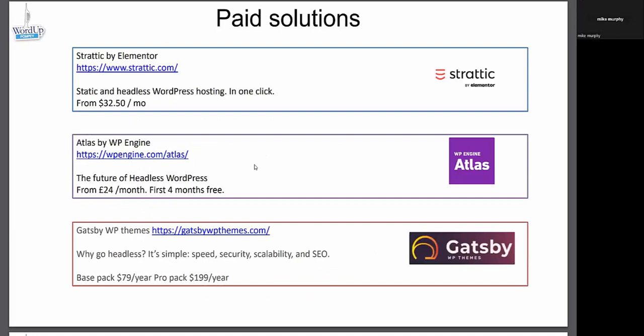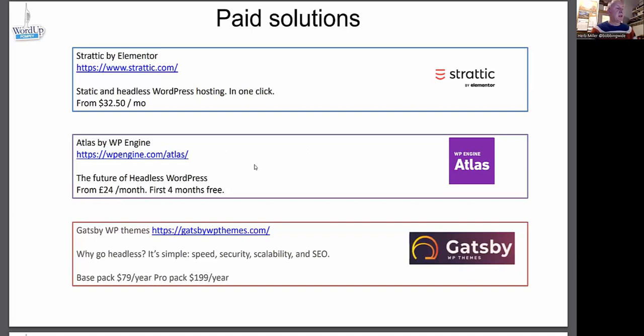So the paid solutions that I've looked at briefly are Strattic by Elementor, and this is the one which creates static WordPress hosting. They do have solutions for contact forms and for comments, and they're working on solutions for different e-commerce things as well.